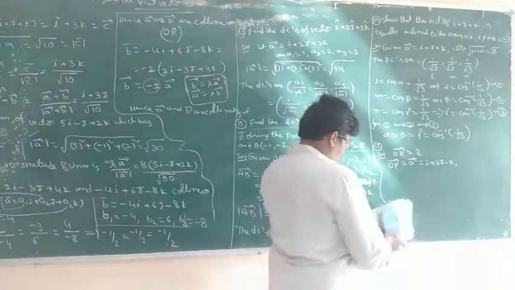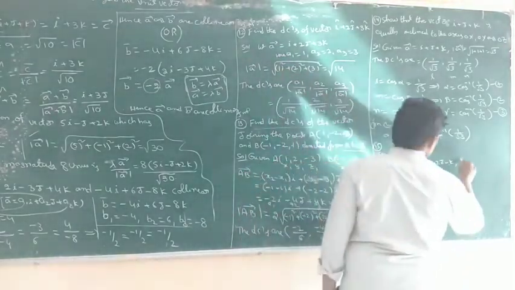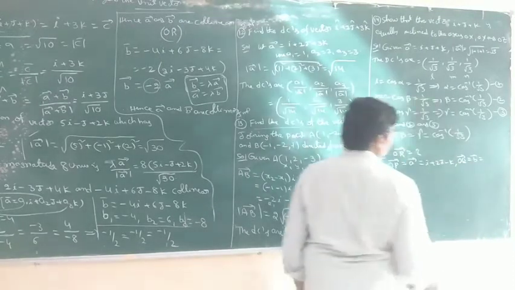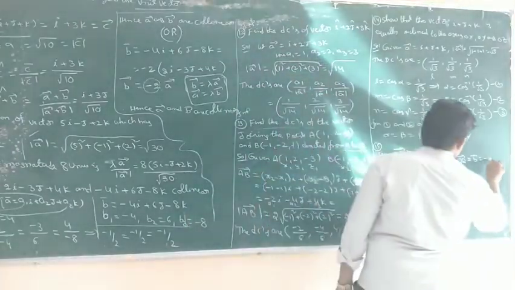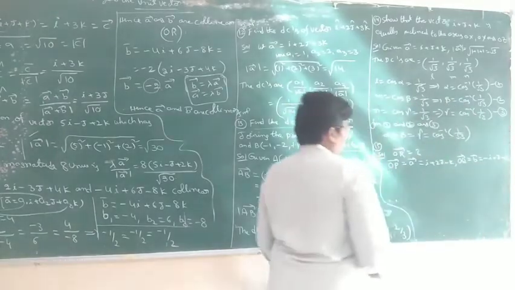The second one, Q, is directly given, already given. So OQ bar is equal to B bar is equal to minus i plus j plus k.